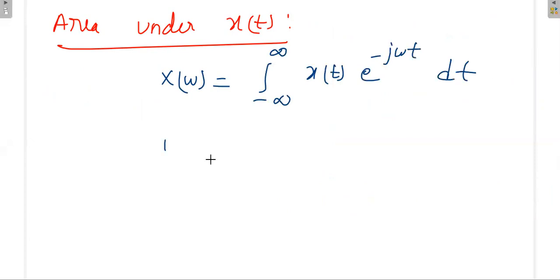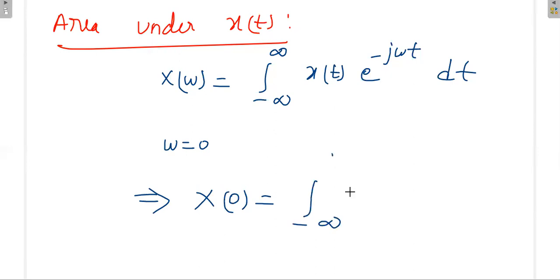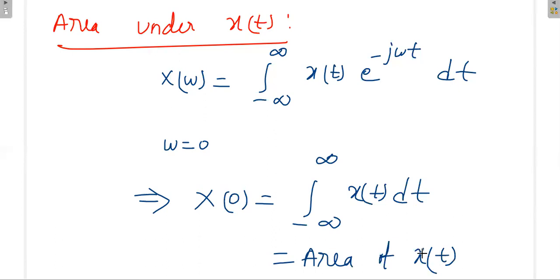If we take omega equal to 0, that means X(0) is the integral from minus infinity to plus infinity of x(t) dt. This is the area of x(t). So the area under the signal in the time domain can also be calculated with the help of X(omega). If you know the X(omega) expression and substitute omega equal to 0, you get the area of the signal in the time domain.